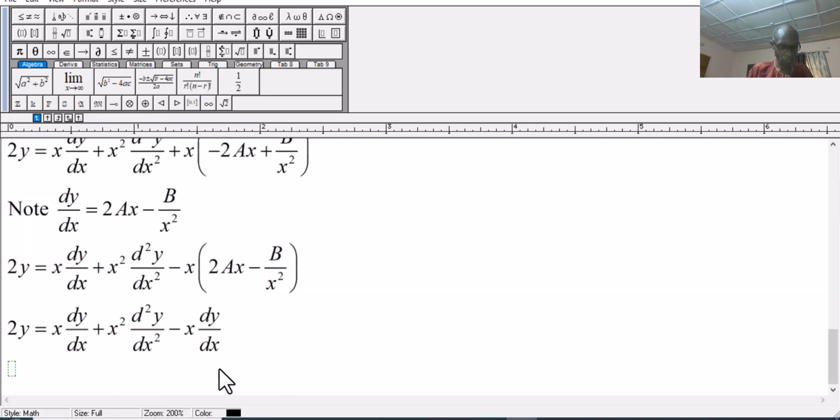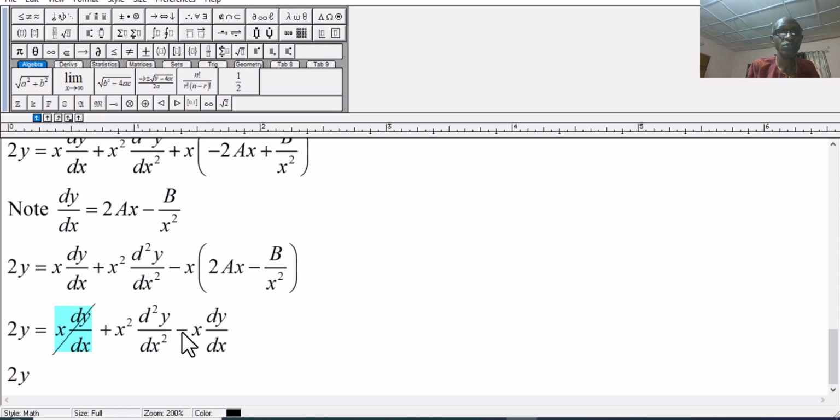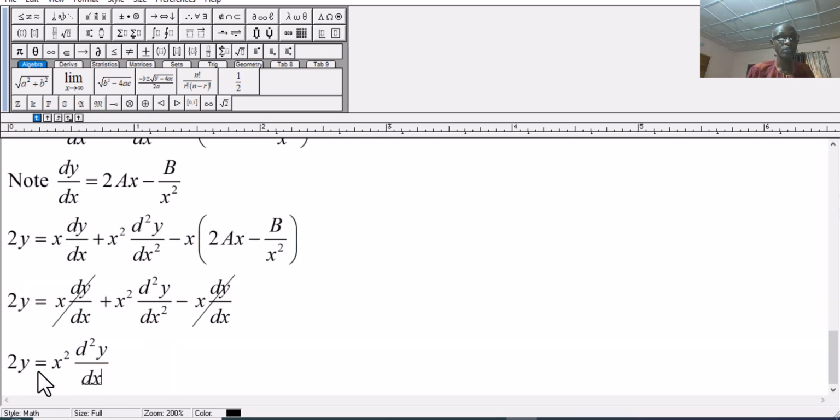So we have 2y, this cancels out this one, it cancels out that one. So what you have now will just be x squared dy, the 2y dx squared. So this is the differential equation.